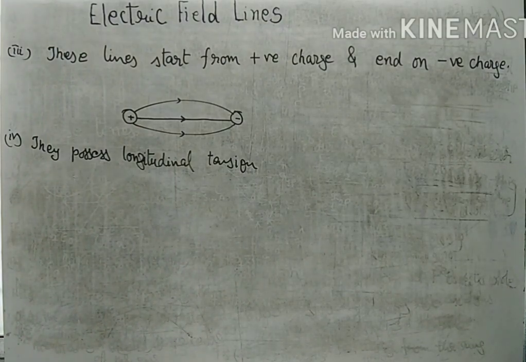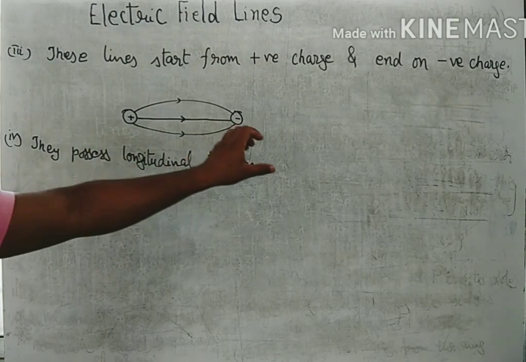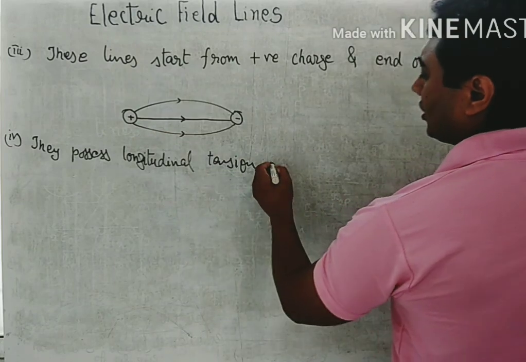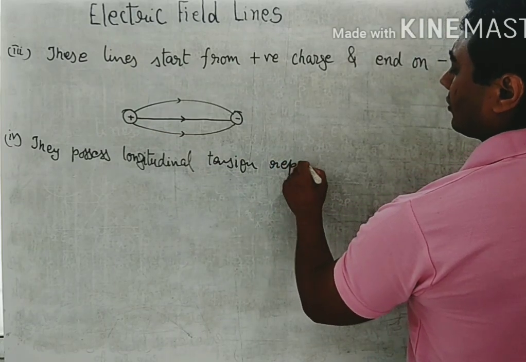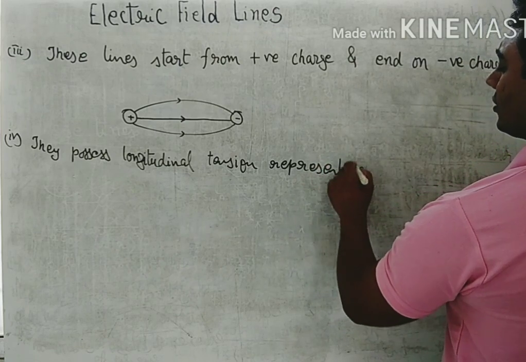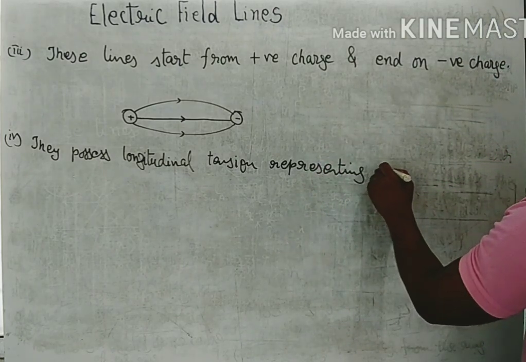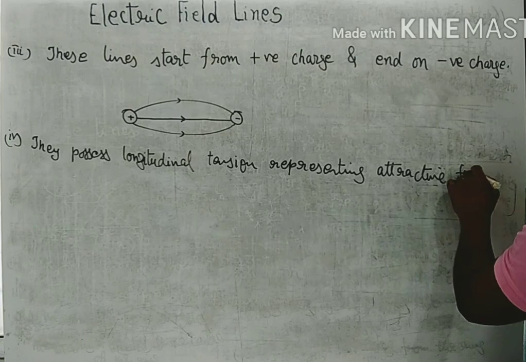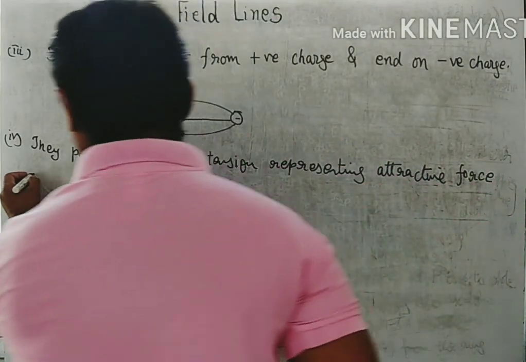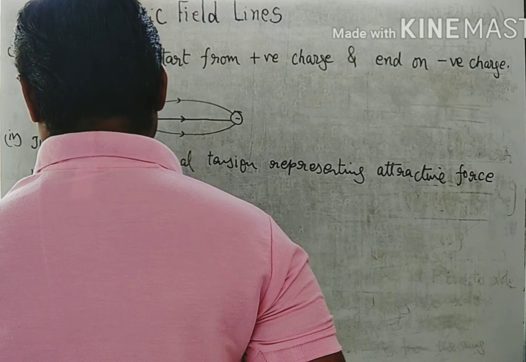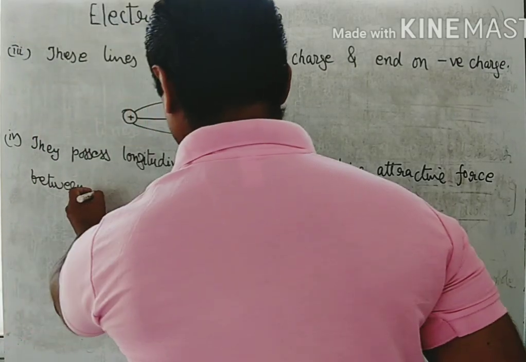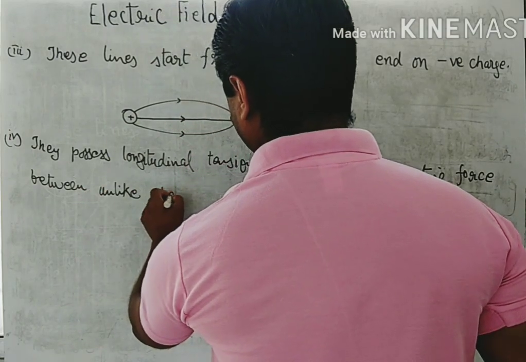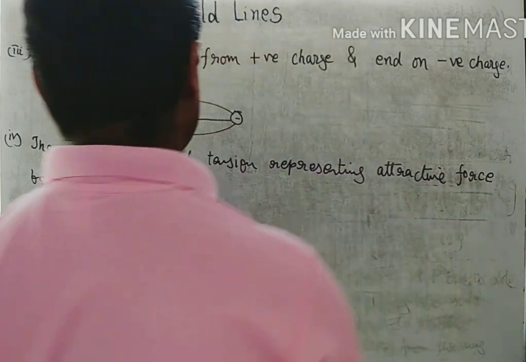You can even write here: they possess longitudinal tension representing attractive force between unlike charges. So this is our next property.